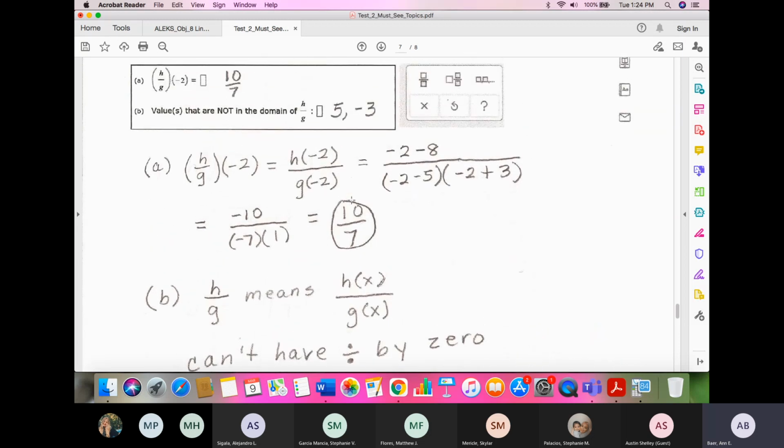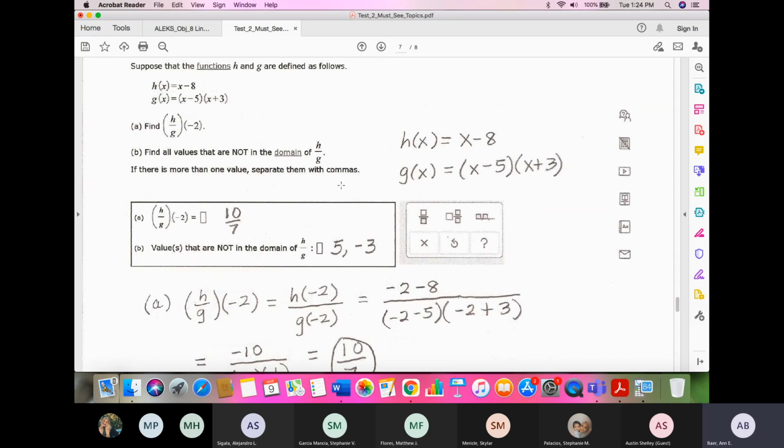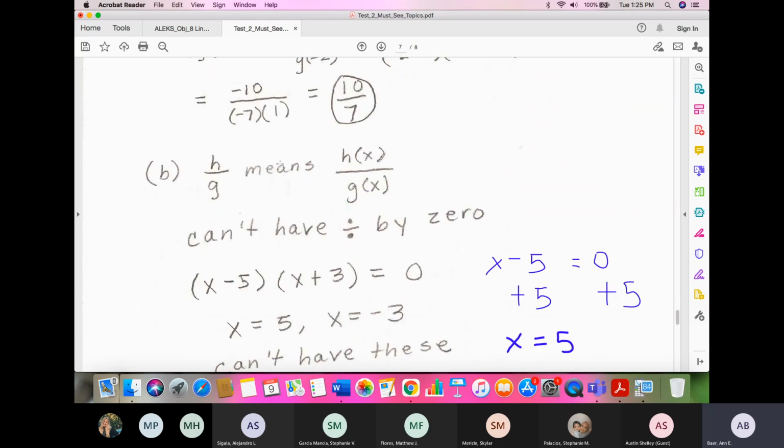H is just a linear function. It's okay to have a linear function in the numerator. That's not going to cause us an issue. What's going to cause us an issue is dividing by 0. We don't want that. Those numbers aren't in our domain. Those x's that cause division by 0 aren't in our domain.